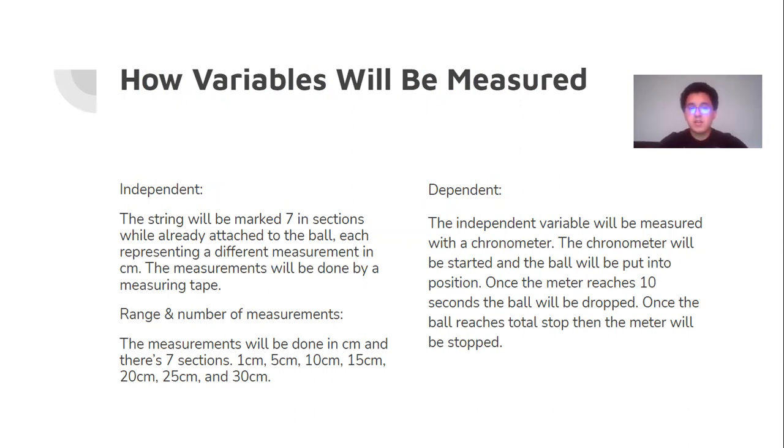Now, the dependent variable will be measured with a chronometer. The chronometer will be started and the ball will be put in position. And basically, I wait for a little while. And once I see that the chronometer reaches 10 seconds, I drop the ball and let it go to stop.